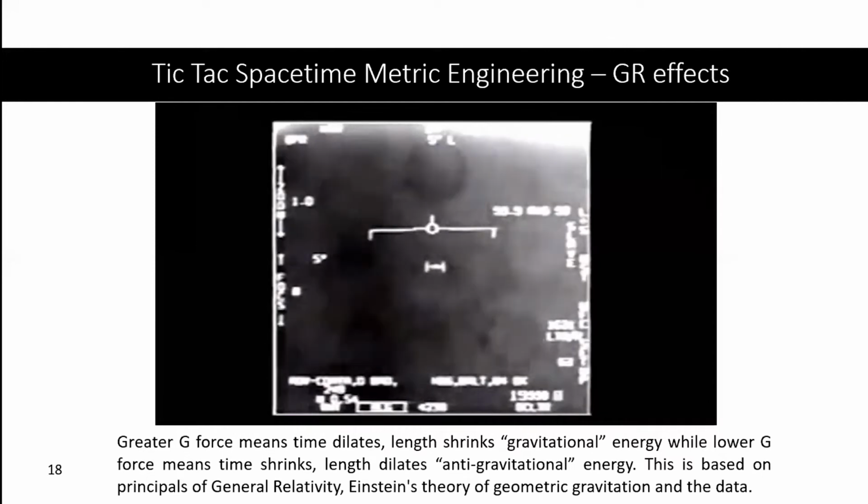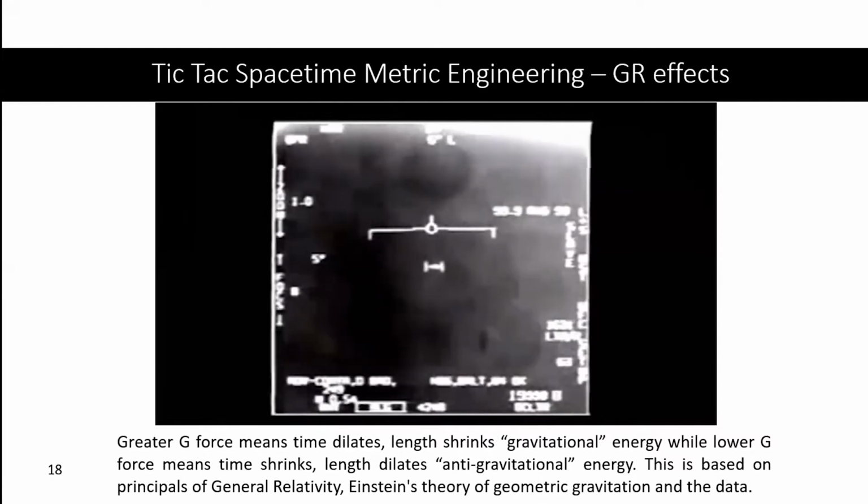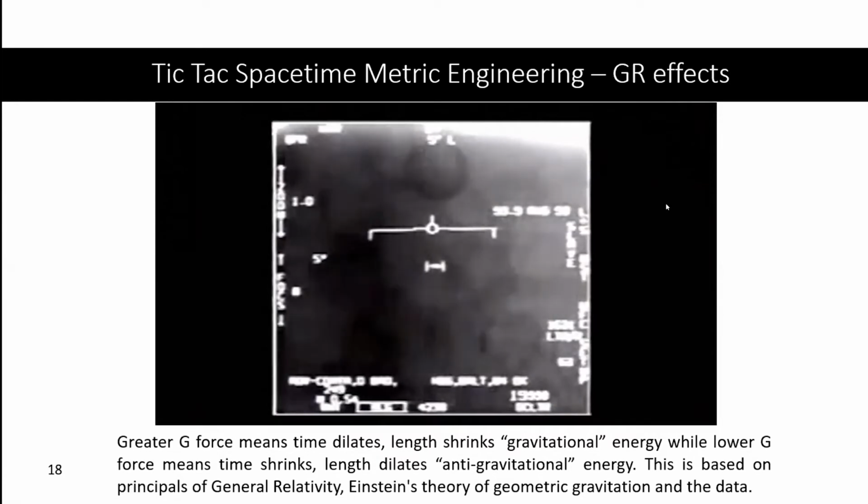So now I want to talk about space-time metric engineering or general relativity effects. Okay, we're looking here at the Tic Tac, the FLIR1 Tic Tac video. So greater G forces mean time dilates, length shrinks, gravitational energy, while lower G force means time shrinks, length dilates, and anti-gravitational energy.